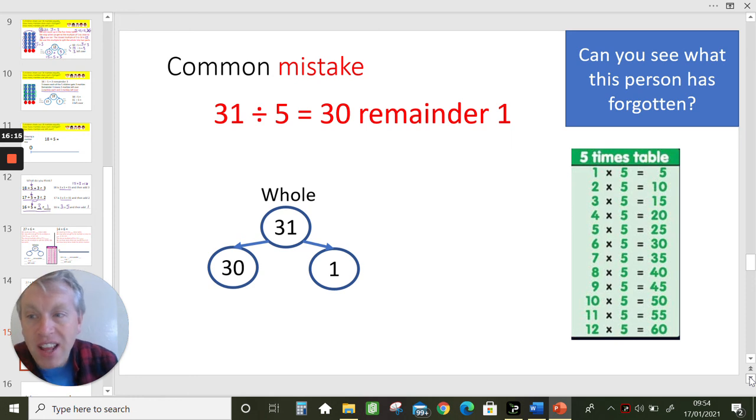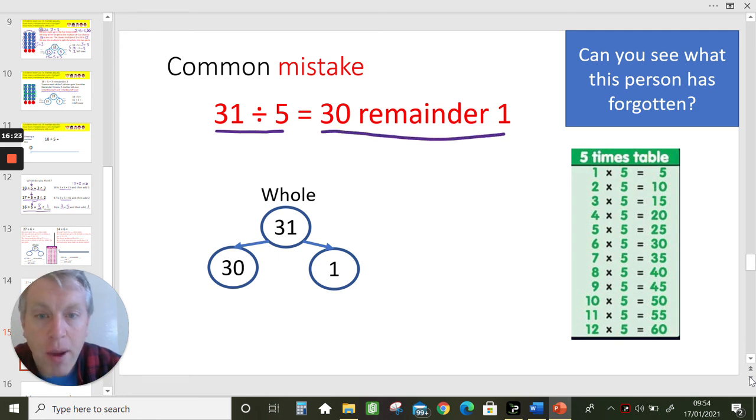There's one mistake that a lot of people will make. They will say 31 divided by 5 is 30, remainder 1. And they're almost there. They split the 31 into the nearest multiple of 5 that's less than the whole. But can you see they've forgotten?